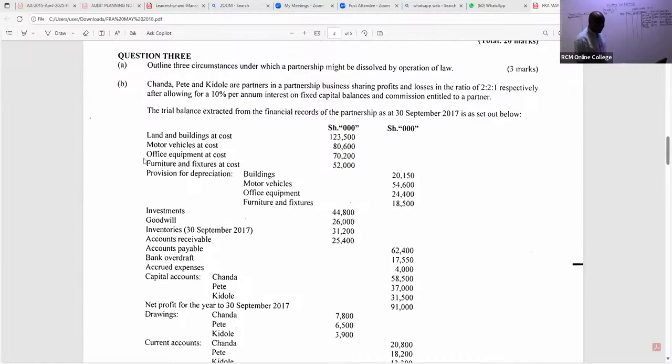So the first one that was realized to the new company is land and buildings. So we have here land. Are you able to see the cost? The cost given is 123,500. We subtract its accumulated depreciation. What is the accumulated depreciation for buildings? You can see a provision for depreciation buildings is 2,150.